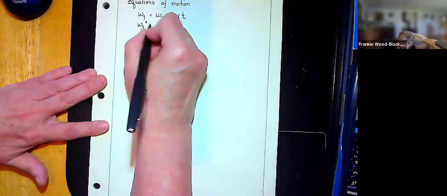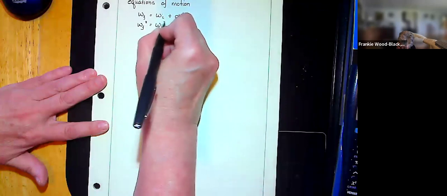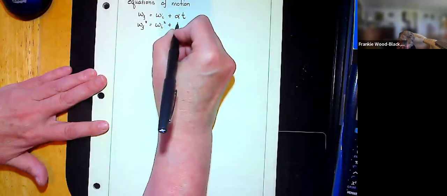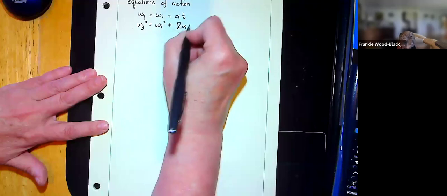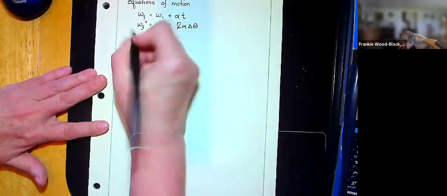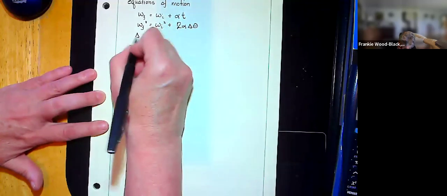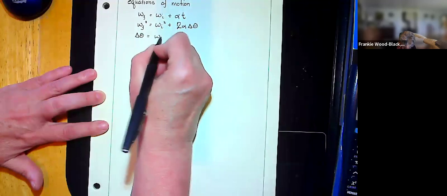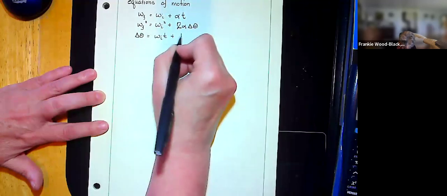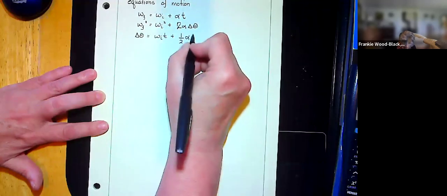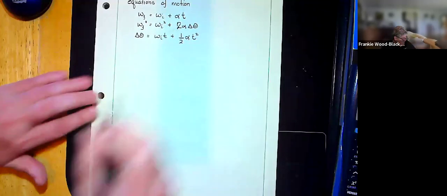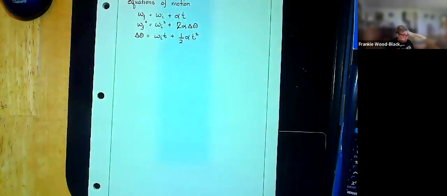Omega final squared equals omega initial squared plus 2 alpha times my change in angle. And we had my change in angle equal to omega initial times time plus 1/2 our angular acceleration times time squared. So we had those items.